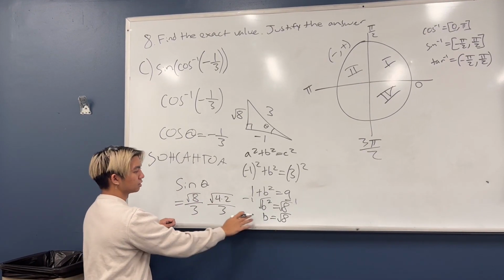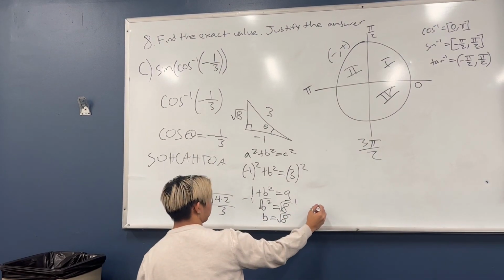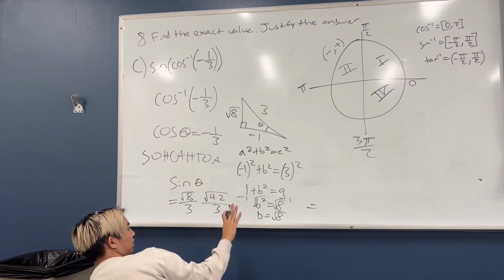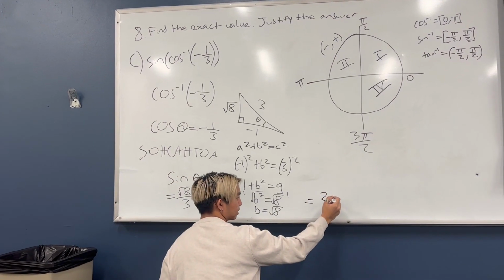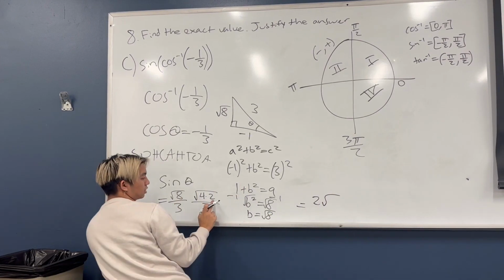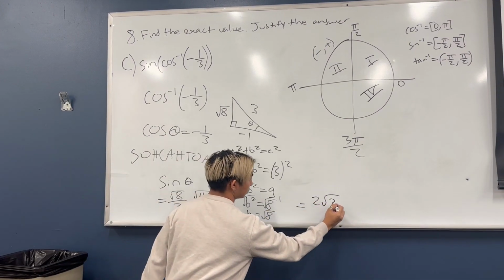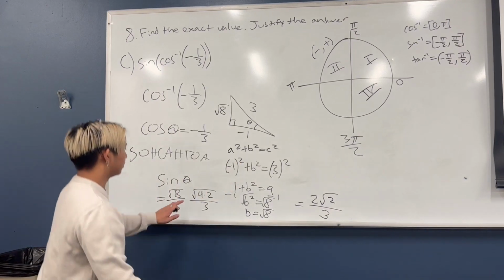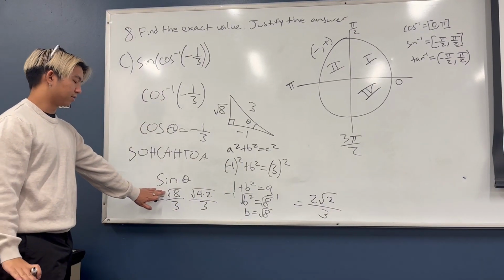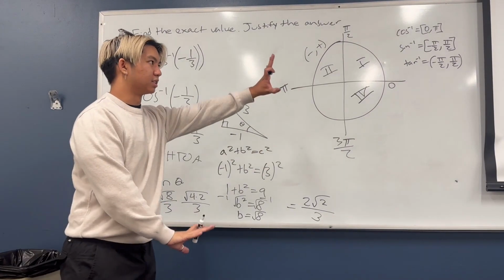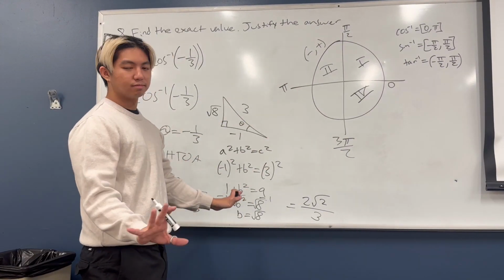I'm running out of space here, so I'm going to move here. We take this 4 and square root it alone, so it's out of the radical as 2, because 2 times 2 is 4. And we leave the 2 inside the radical, over 3. Now, I don't think that if you don't simplify the square root of 8 over 3, you'll lose credit. I think you'll still get full credit, but that's just what it is in the answer key, so we don't get confused.